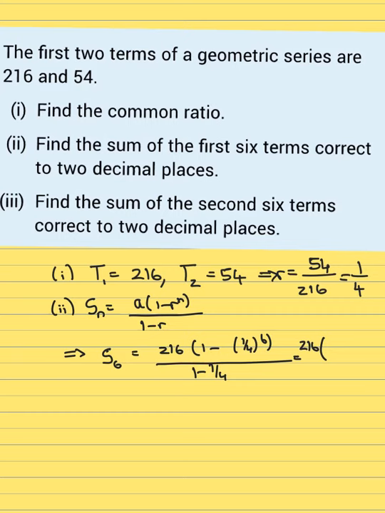Working this out, we get 216 times 1 minus 1 over 4 to the power of 6, all over 3 quarters. Tidying that up, we can see that 216 divided by 3 quarters is 288, and then 1 minus a quarter to the power of 6 is 4095 over 4096.